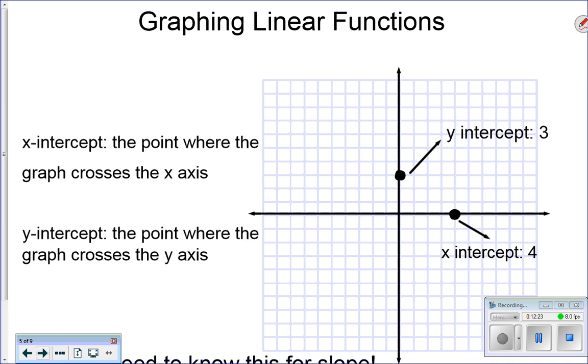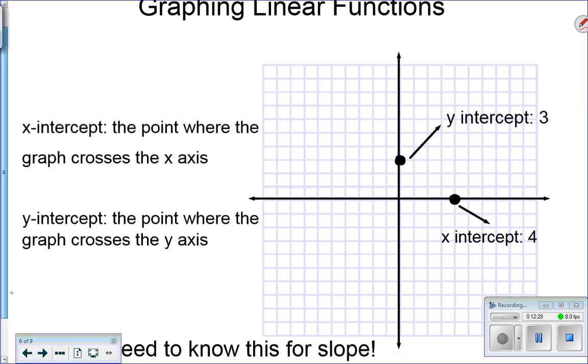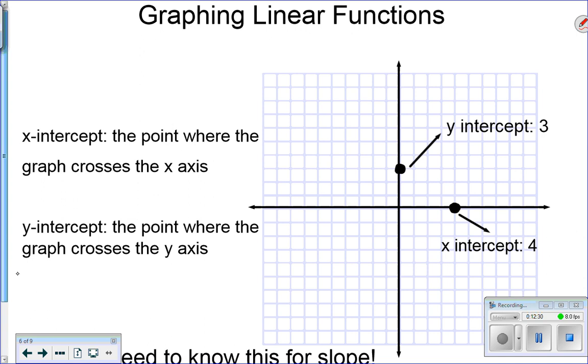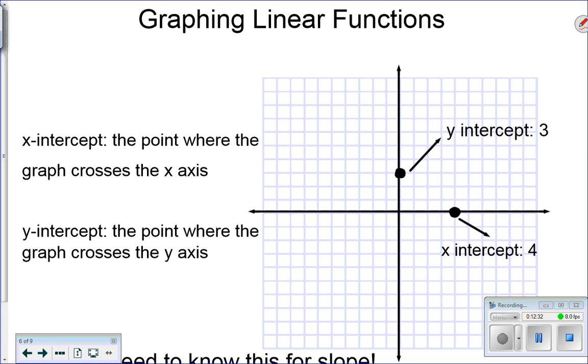Okay? All right, so 2 other vocab I have: X-intercept and Y-intercept. This is starting to lead us to slope.